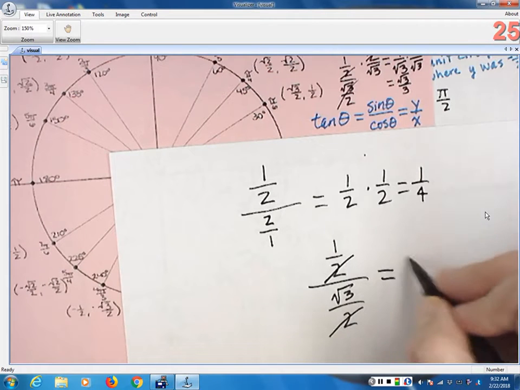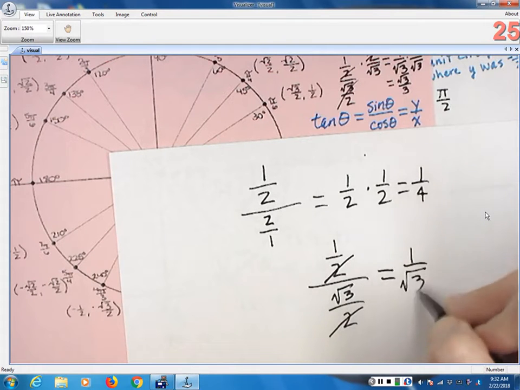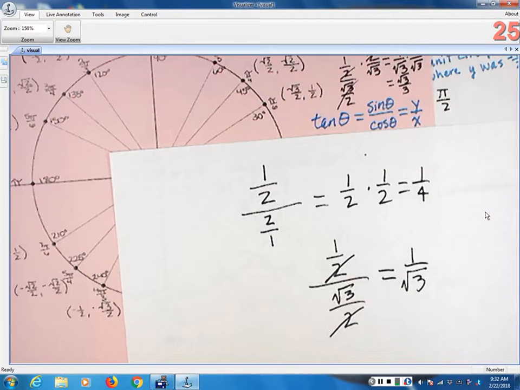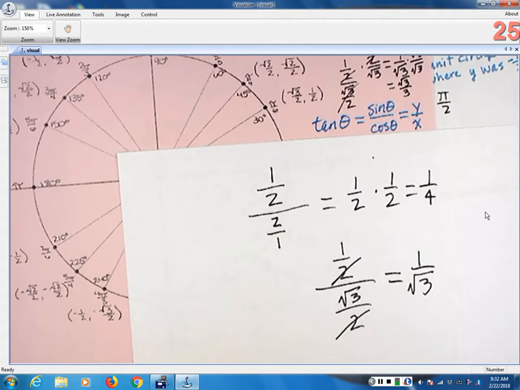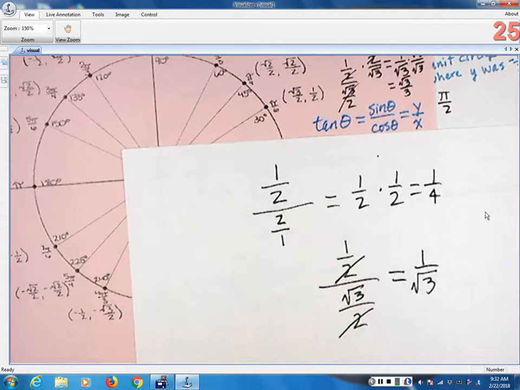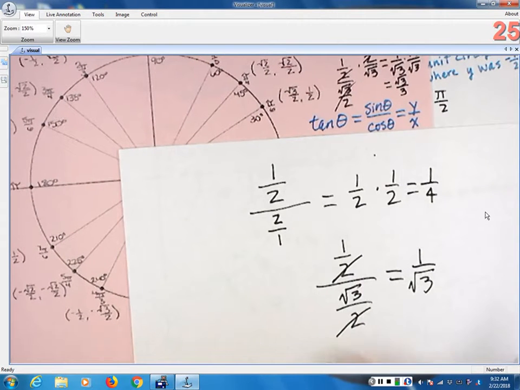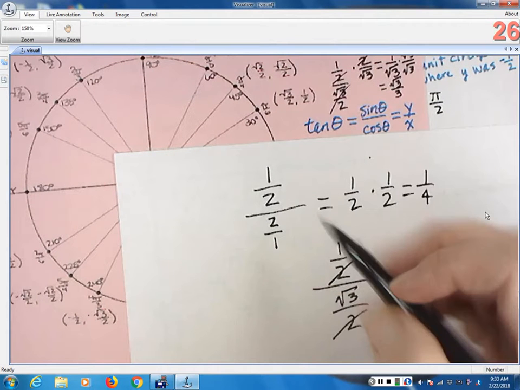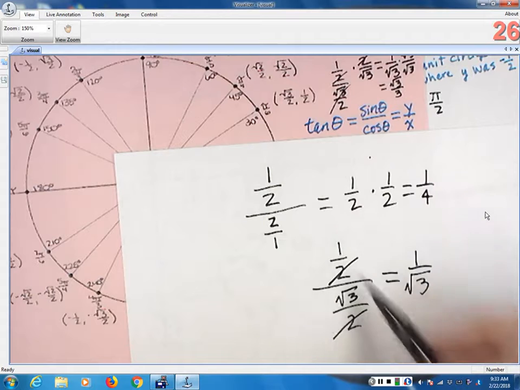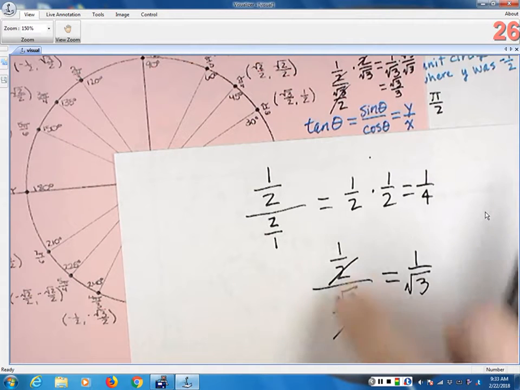You can save a step if you want, and then rationalize it. But don't try to save the step here and cancel these things. I've seen people do that when I show them this trick. It has to be a fraction over a fraction, and then if the denominators match, they cancel.